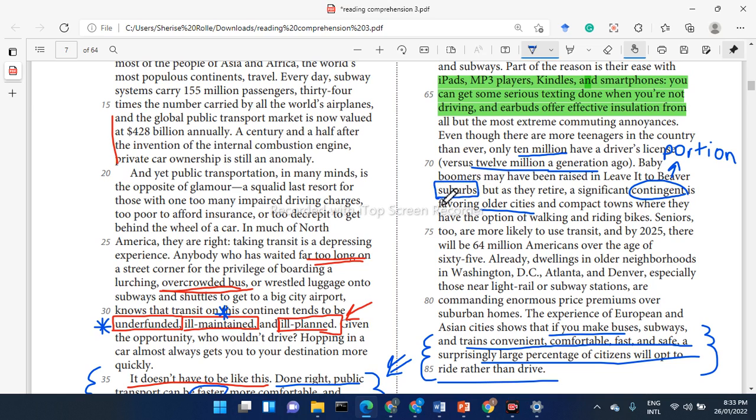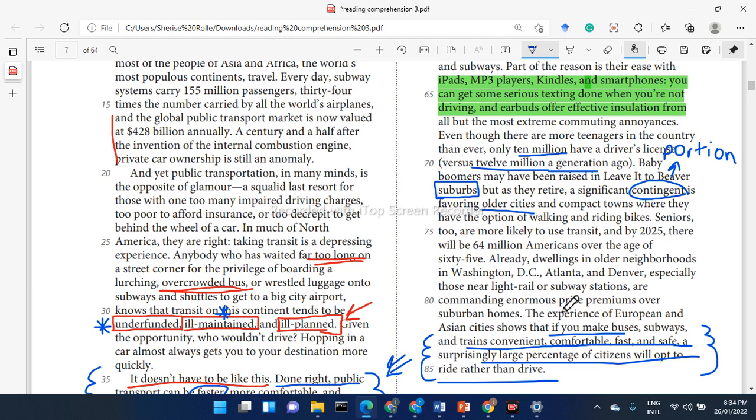Suburbs are more like the opposite of the city, not as populated as a city. Not as abundant as a city. Yeah, it's not as busy. Okay.